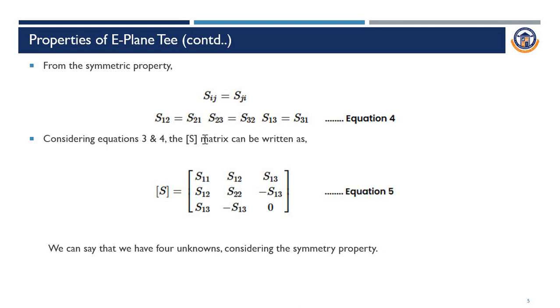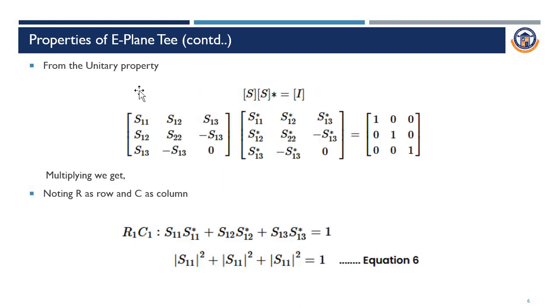Considering equations 3 and 4, the S matrix can be written as S11, S12, S13; since it is a symmetric matrix, S12, S22, minus S13; then S13, instead of S32 we write minus S13, and S33 is 0. So we can say that we have four unknowns considering the symmetry property.